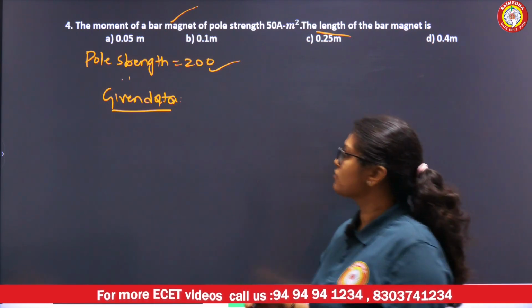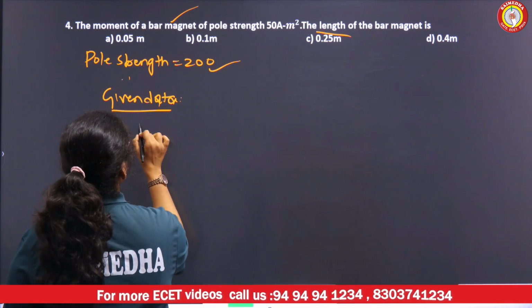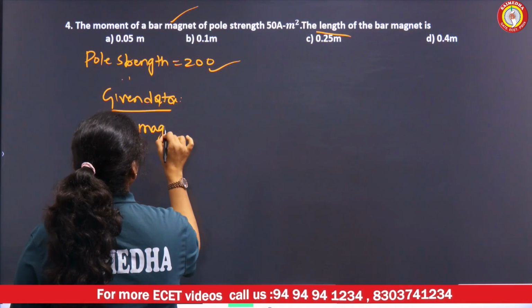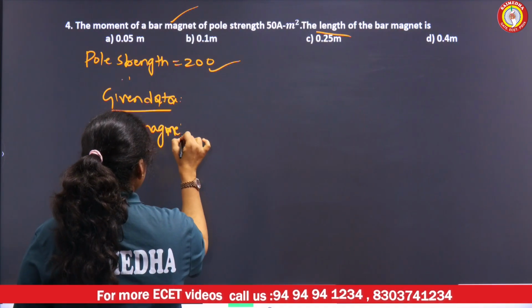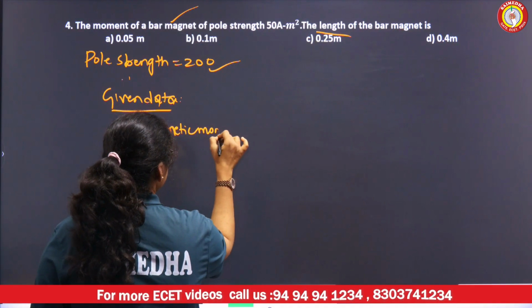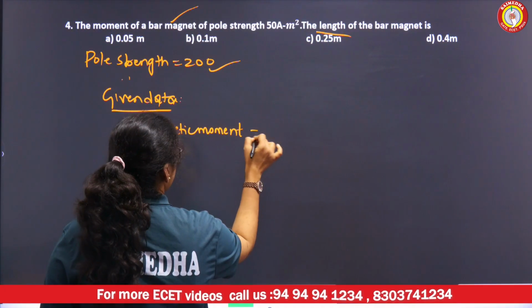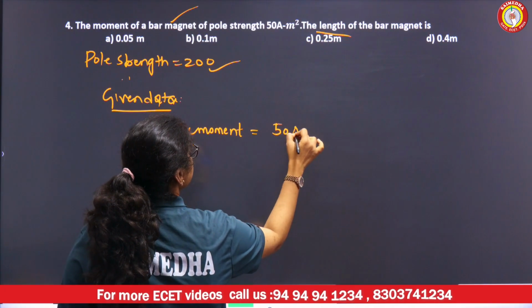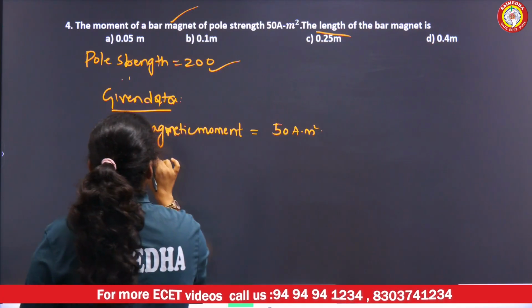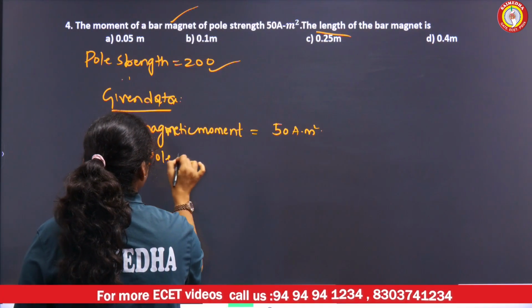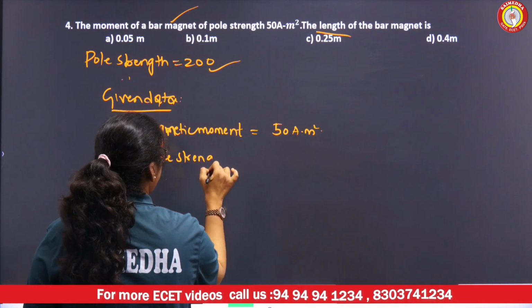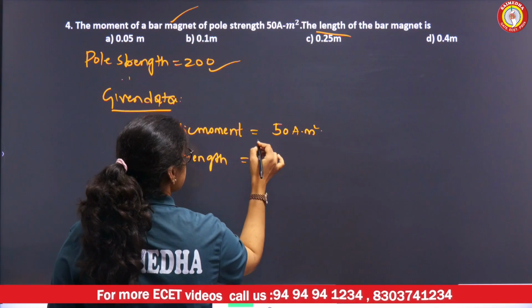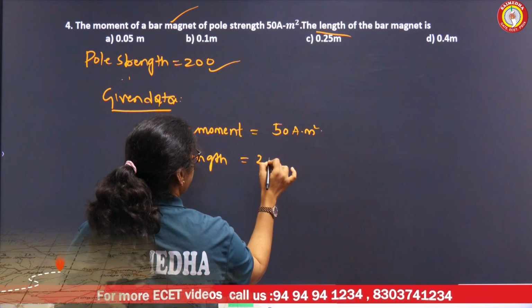Clear? So in the given data we write the magnetic moment. That is 50 ampere meter square. Yes. Next, the pole strength. The pole strength is equal to 200.